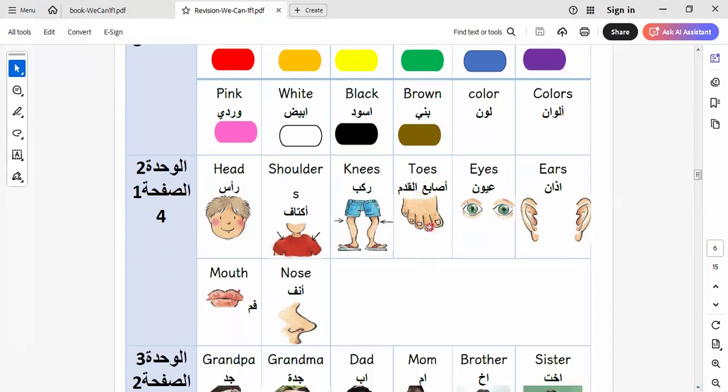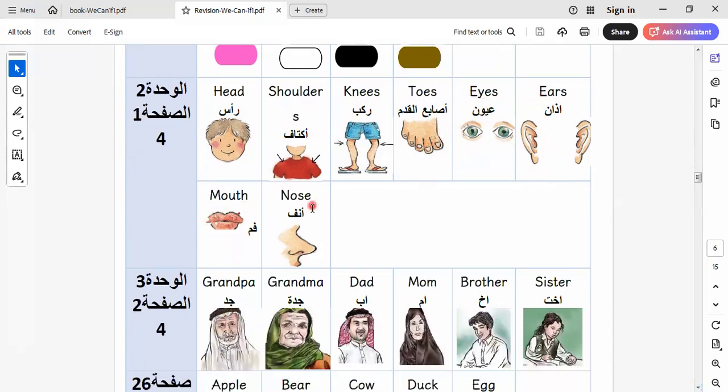For toes, here we have a plural. We can take s, but I wrote it in the singular because I said we have only one, not the 2 feet. I made a mistake in the lesson, so it must take s. Okay, eyes, ears, mouth and nose.